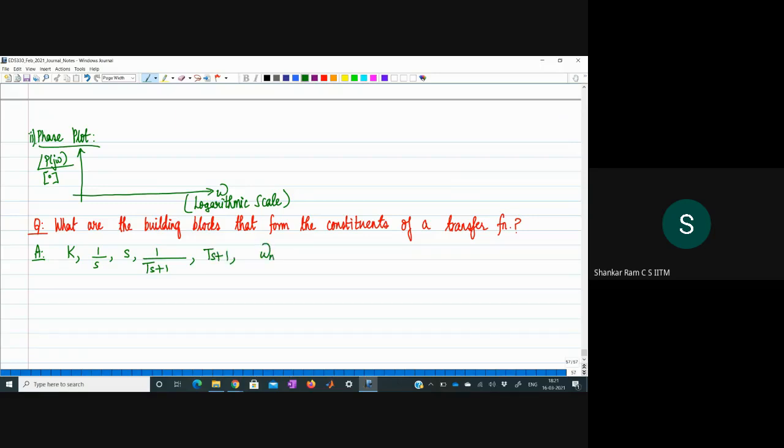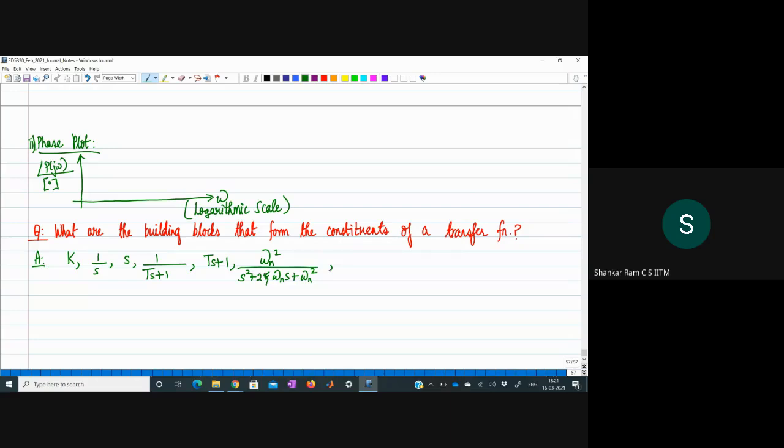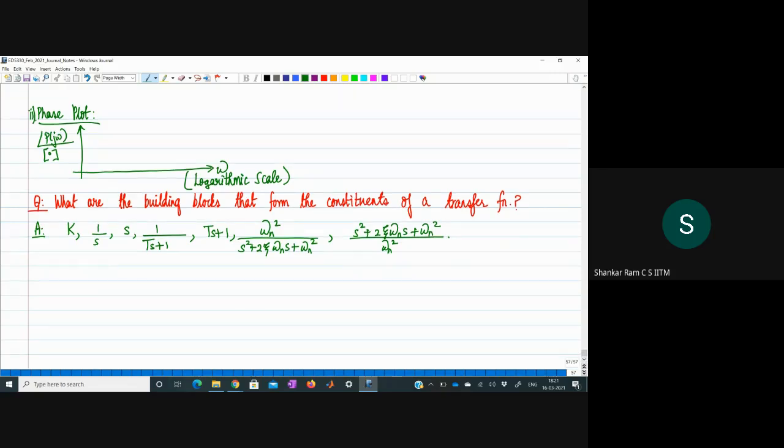We may have a second order term, because if we have complex conjugate roots, we can express that as a second order term of the form omega n squared divided by s squared plus 2 zeta omega n s plus omega n squared, and of course the reciprocal of this, which will be s squared plus 2 zeta omega n s plus omega n squared divided by omega n squared. So these are the various blocks.